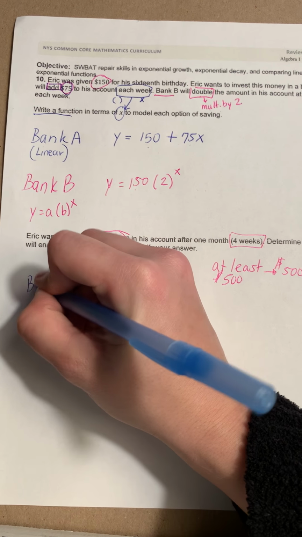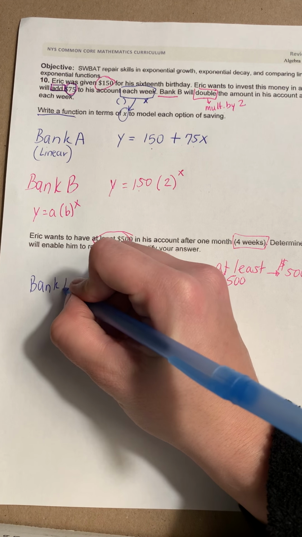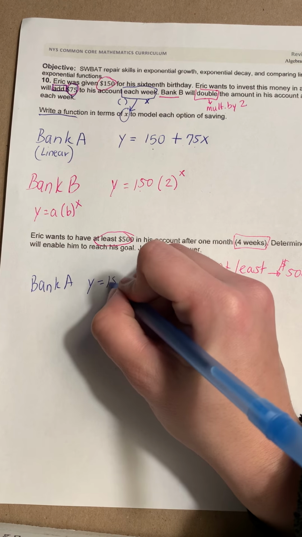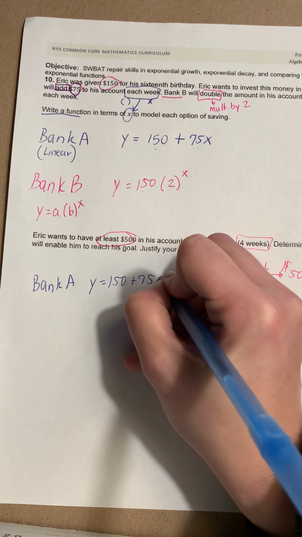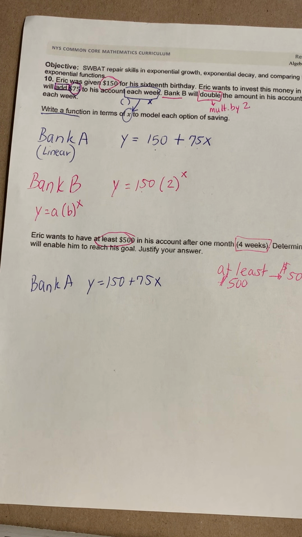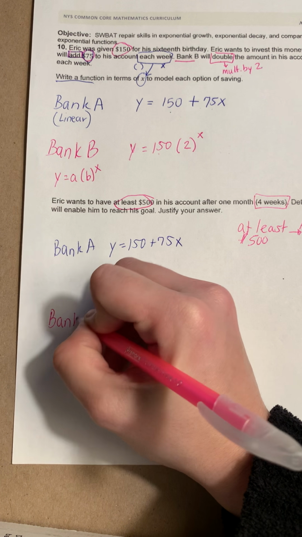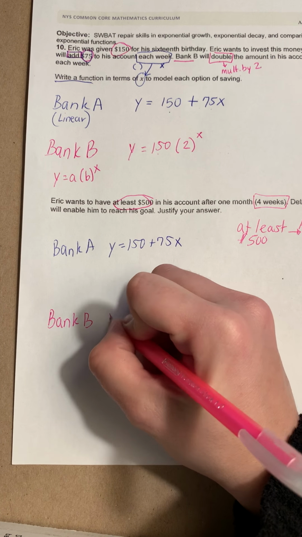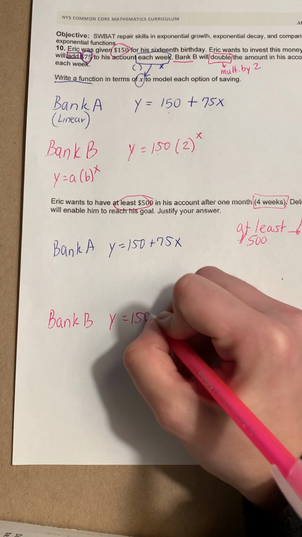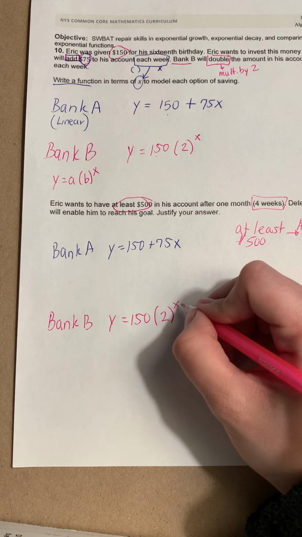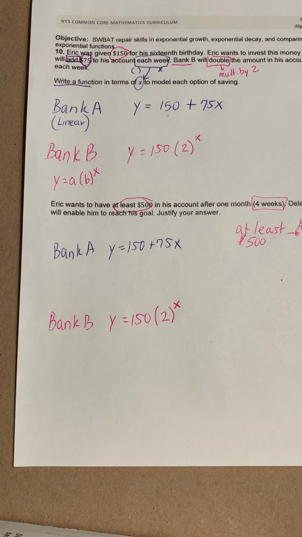So let's rewrite our functions. Bank A was y equals 150 plus 75x. And Bank B was y equals 150 times 2, because it was multiplying by 2, it's doubling, raised to the x power.